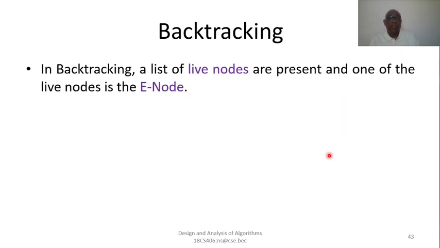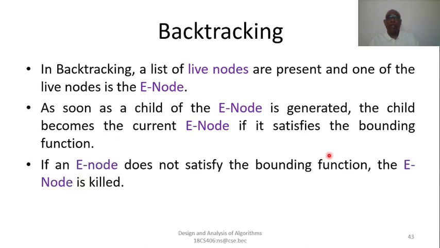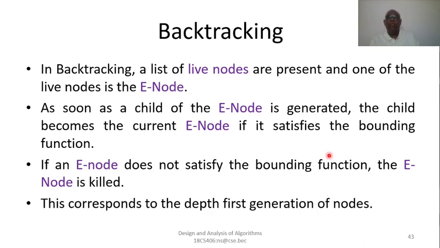So in backtracking, as you have seen, a list of live nodes is present, and one of the live nodes is the E node. As soon as a child of the E node is generated, the child becomes the current E node only if it satisfies the bounding function. If an E node does not satisfy the bounding function, the E node is killed. This corresponds to the depth first generation of nodes.